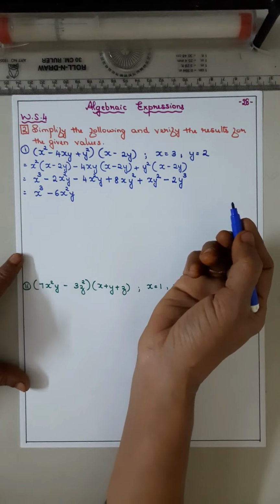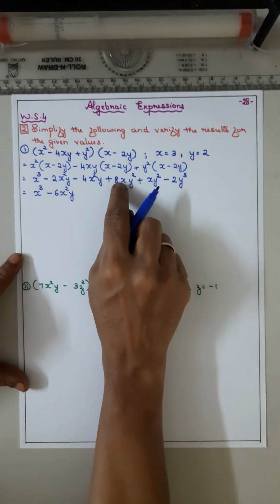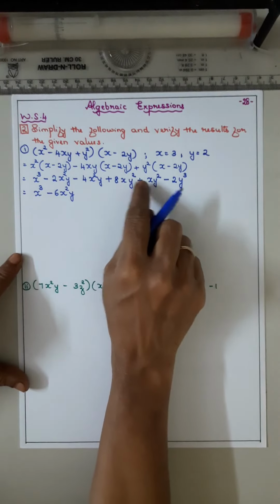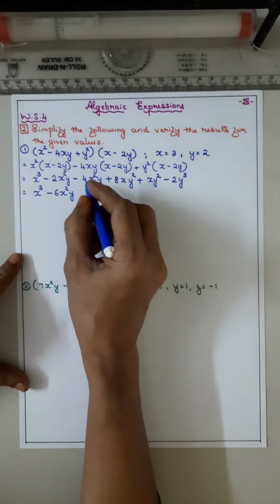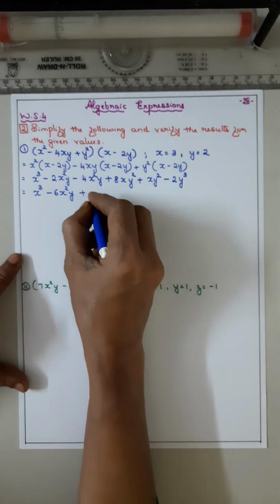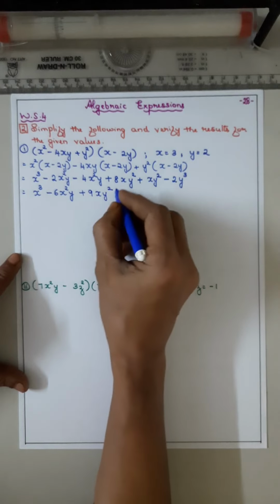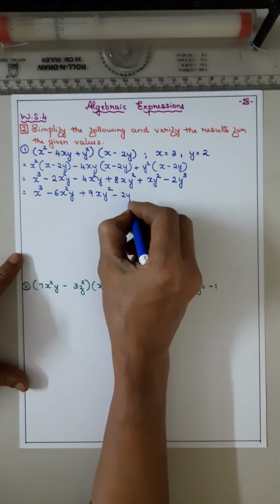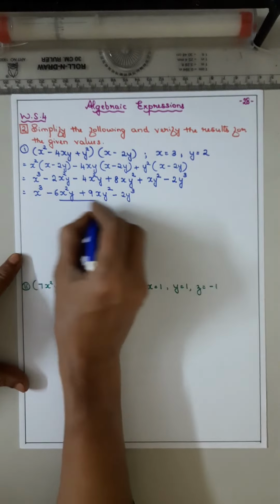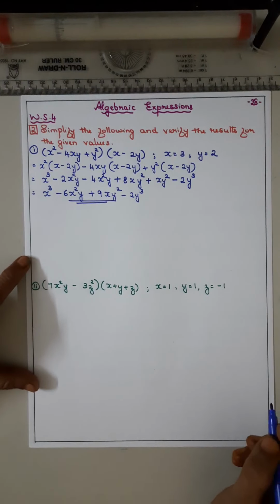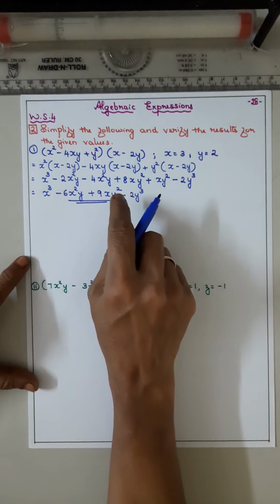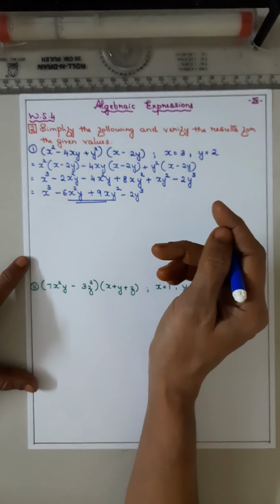Put the sign minus. Now this is plus xy squared, 8 plus 1 is 9. So you'll get 9xy squared. Okay. Now minus 2y cube. So this is the answer. So like terms, whenever they are there, you have to simplify.